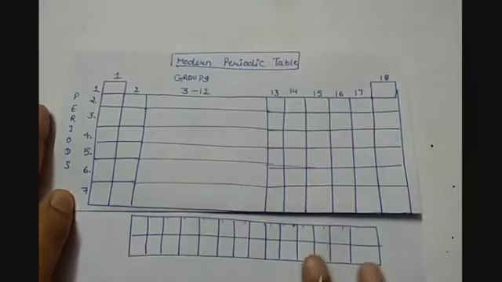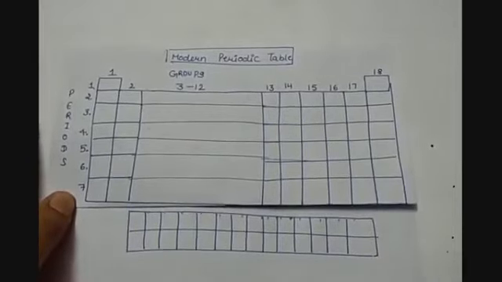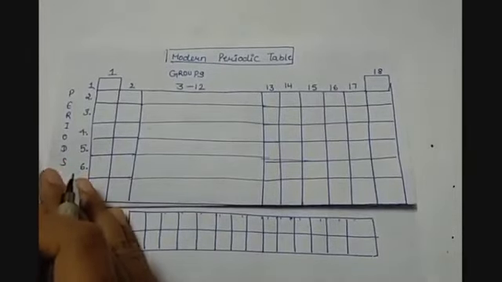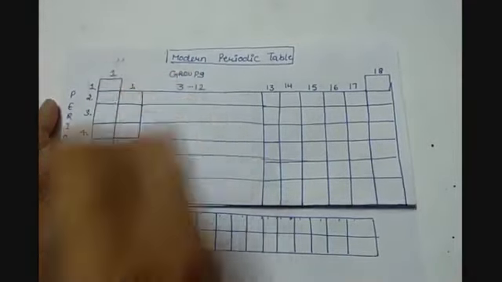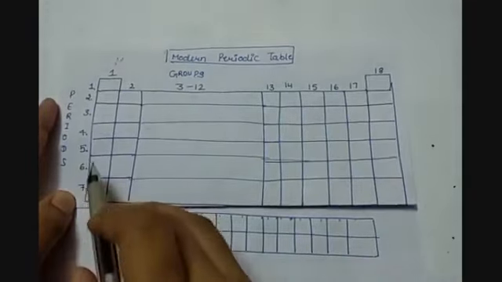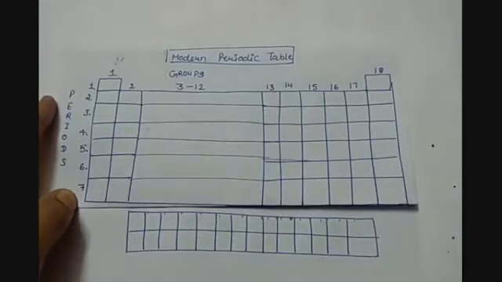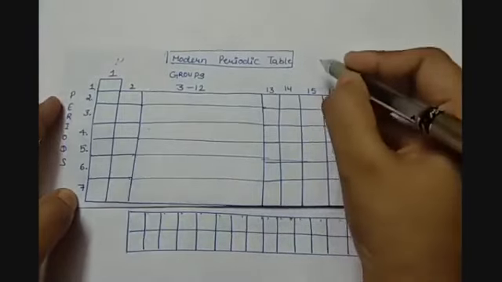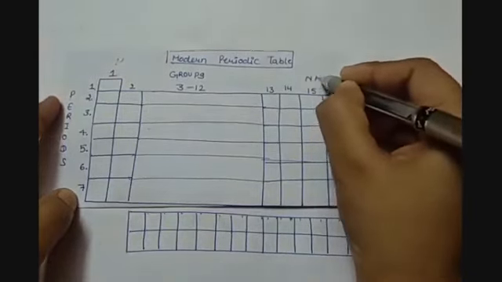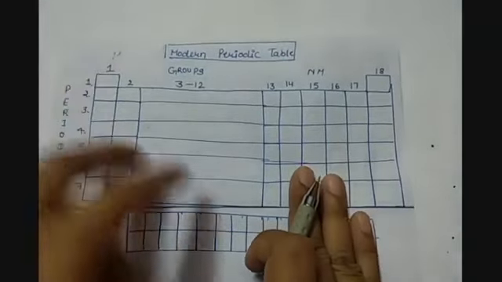Then we have to see that the left portion is generally considered as the metals. That means metals are placed in the extreme left of the modern periodic table, and non-metals are placed on the right side of the modern periodic table.